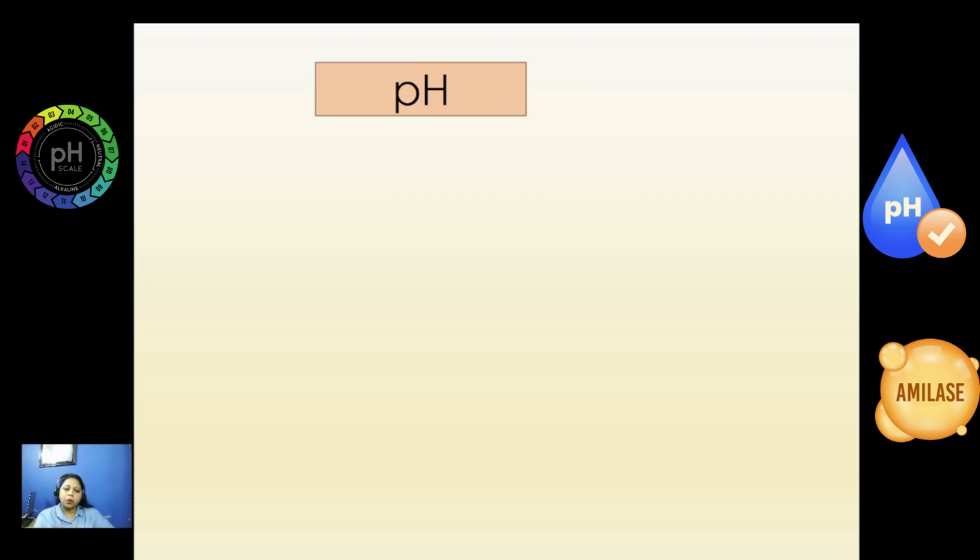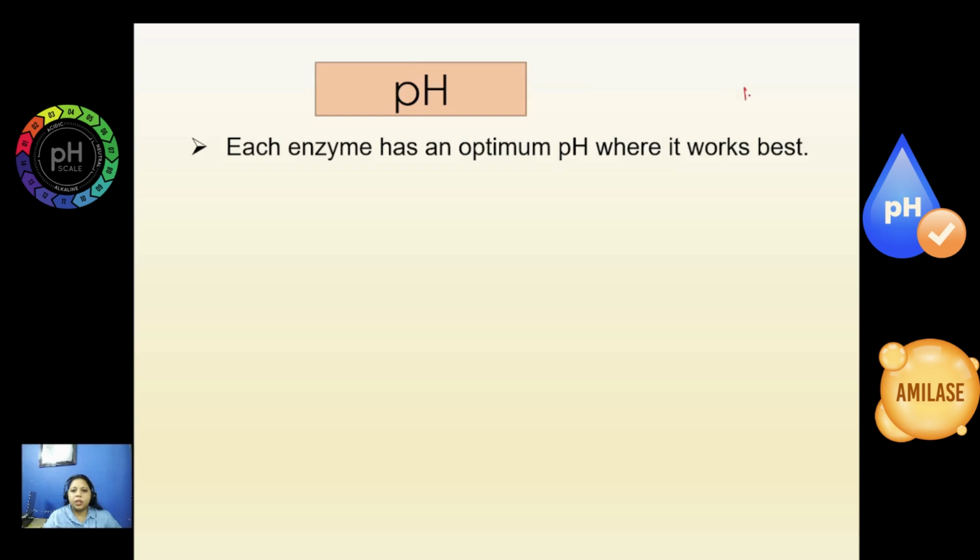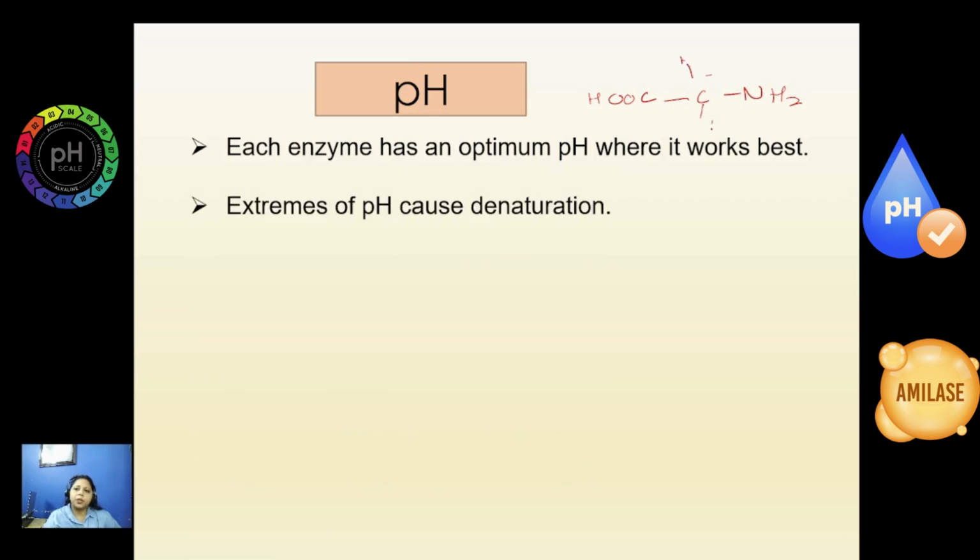If we talk about amino acids, because these are proteins, amino acids have two ends. One is the NH2, that is an amine group, and on the other side it has the carboxylic end.